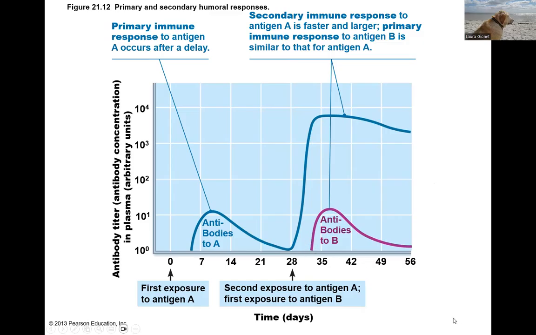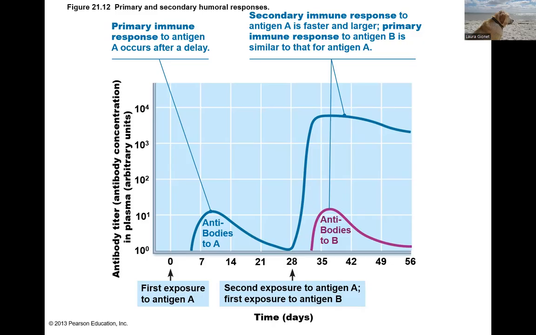It takes a while, not a long time, but it takes a while before you really figure out the shape of the antibodies. You clone those plasma cells so that instead of one factory making antibodies, you now have 100 making antibodies. So it takes some time. That's the whole point of vaccinating.